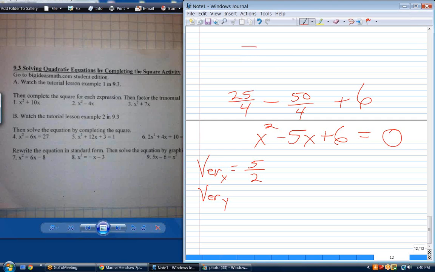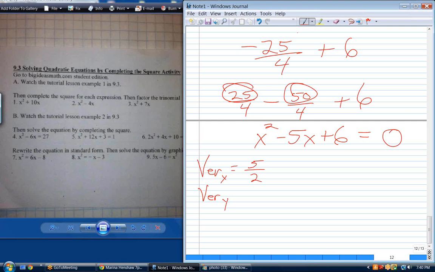Negative 25 fourths plus 6. Remember, I'm subtracting a bigger number from a smaller number. Whenever you subtract a bigger number from a smaller number, your answer's got to be negative. If 7 minus 9 cannot be a positive number because 9 is bigger than 7. Okay?